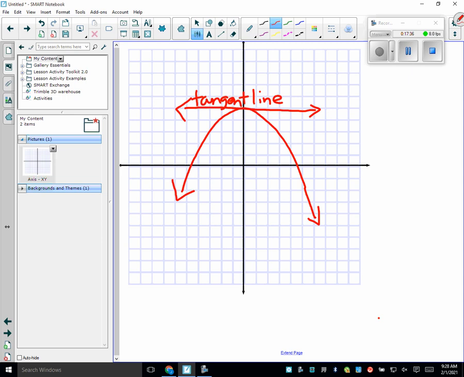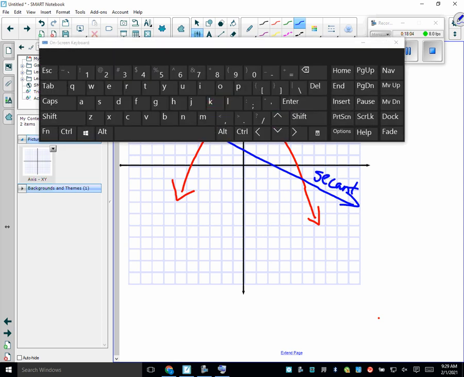How many times has the tangent line touched it? Once. Okay? That's a tangent line. This line is called a secant.